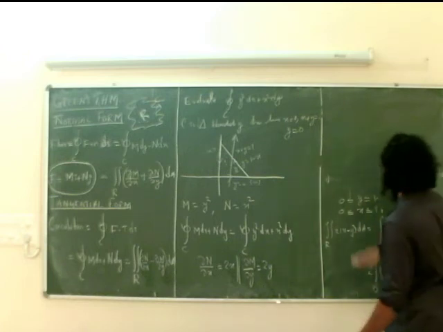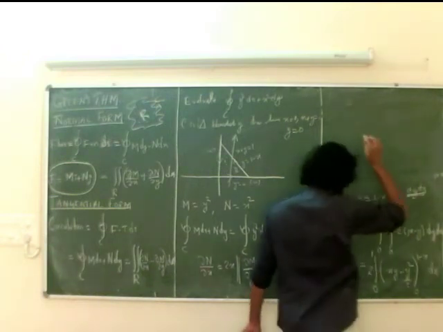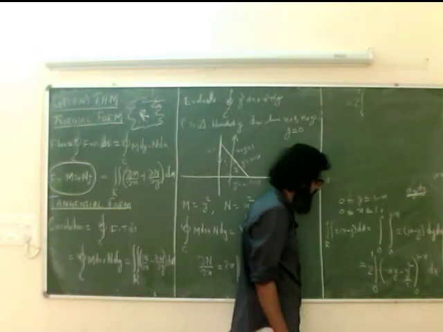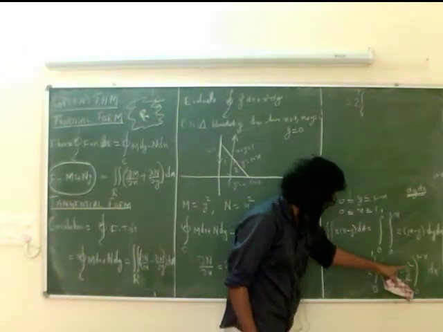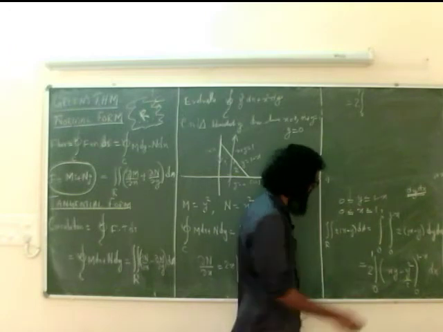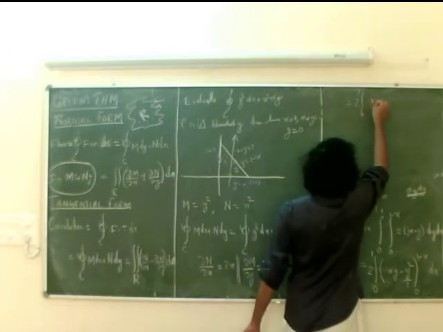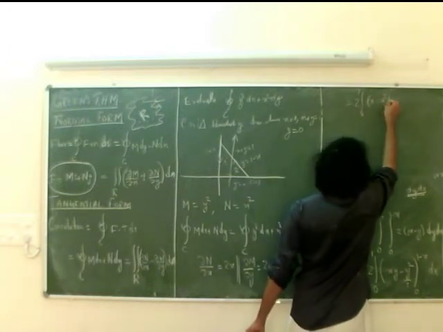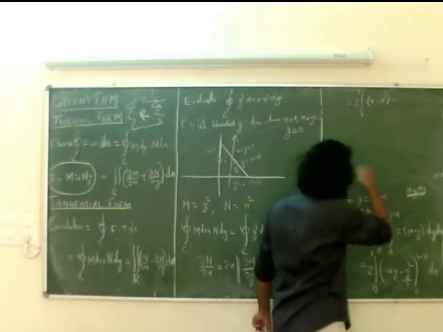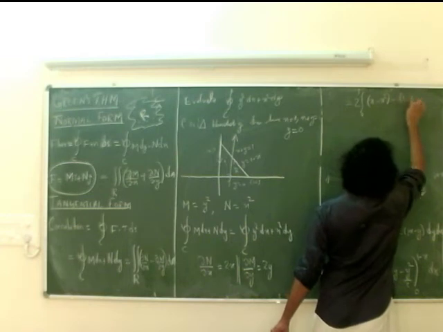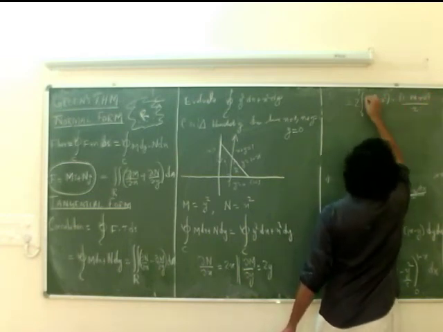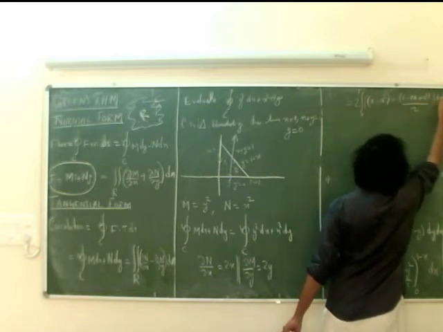This is equal to 2 times the integral from 0 to 1 of x into, putting y equal to 1 minus x, x into 1 minus x, so x minus x square, minus y equal to 1 minus x, so its square, so minus (1 minus 2x plus x square) over 2 dx.